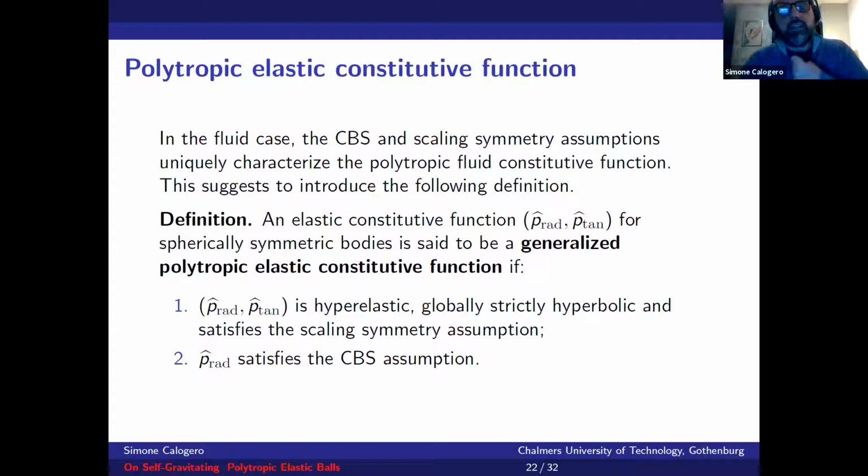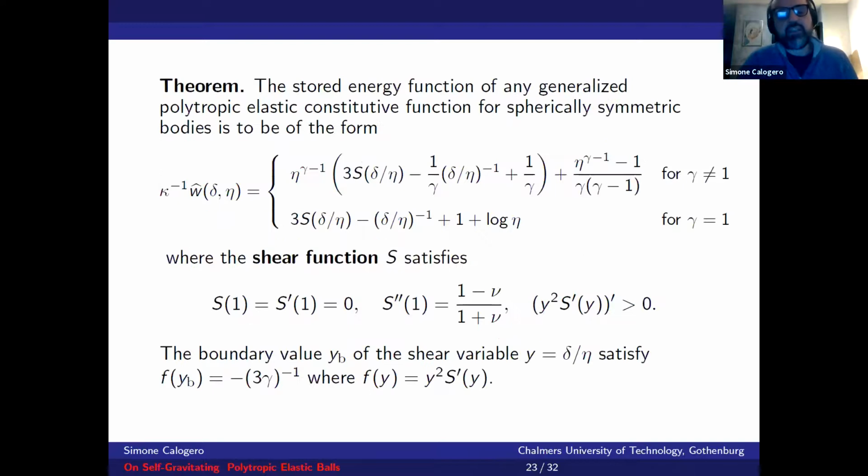In the fluid case, there is only one such constitutive function, which is that of the polytropic fluid. Now, in the elastic case, that is not true. In the elastic case, we instead have this theorem that the stored energy function of any generalized polytropic elastic constitutive function for spherically symmetric bodies must have this form. There are two possibilities: gamma different from 1, or gamma equal to 1.